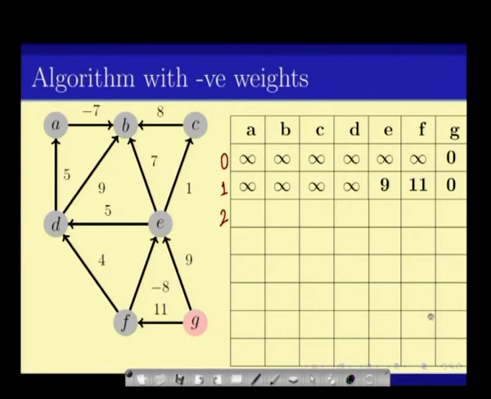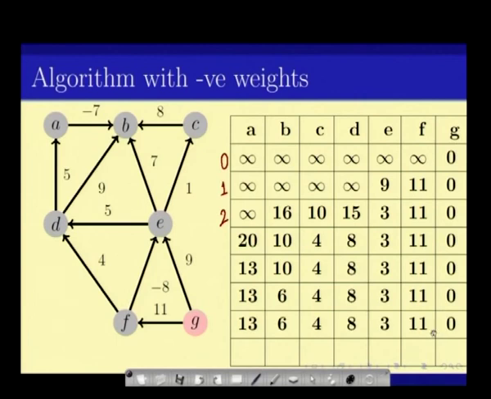In other words, we can update this one as this. Note that we have already updated the distance of G to E to 3 instead of the 9 that we had. We can keep on doing this, and at the end we will have the shortest distance of all the vertices from G.